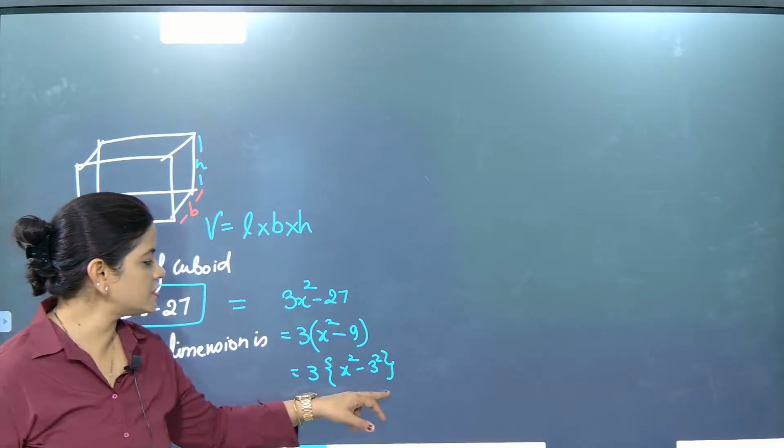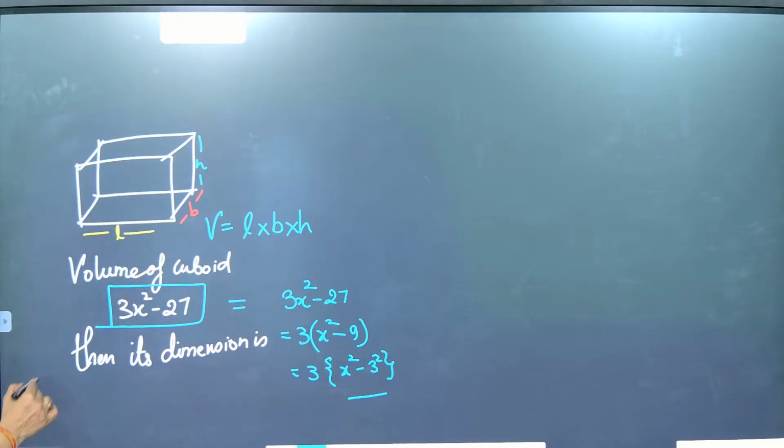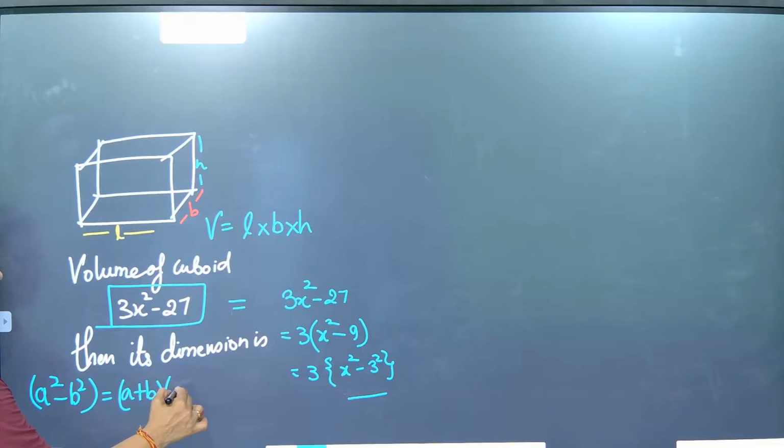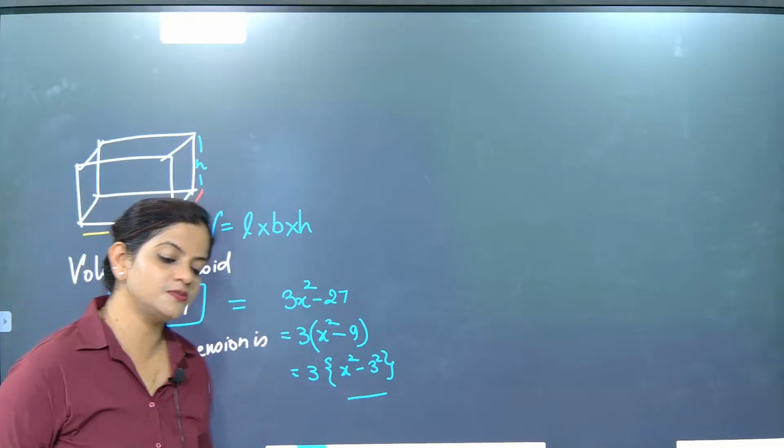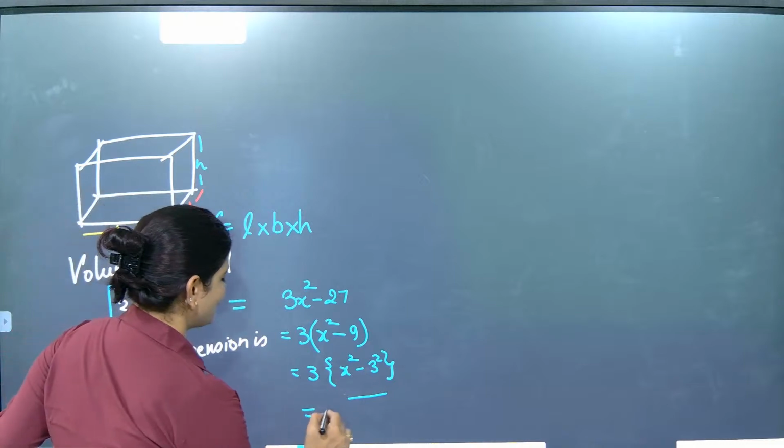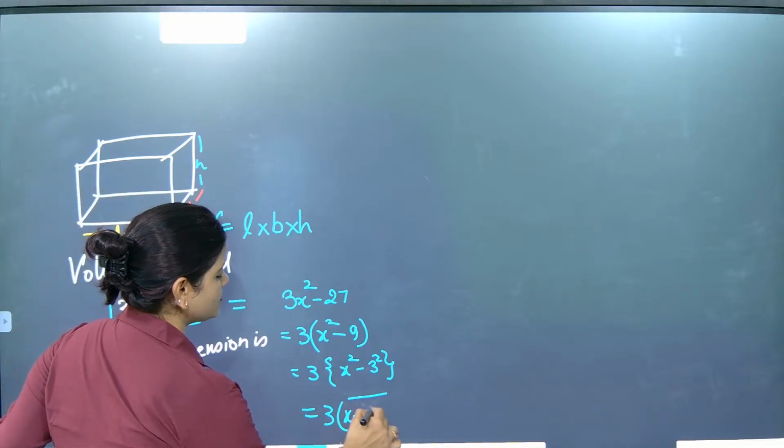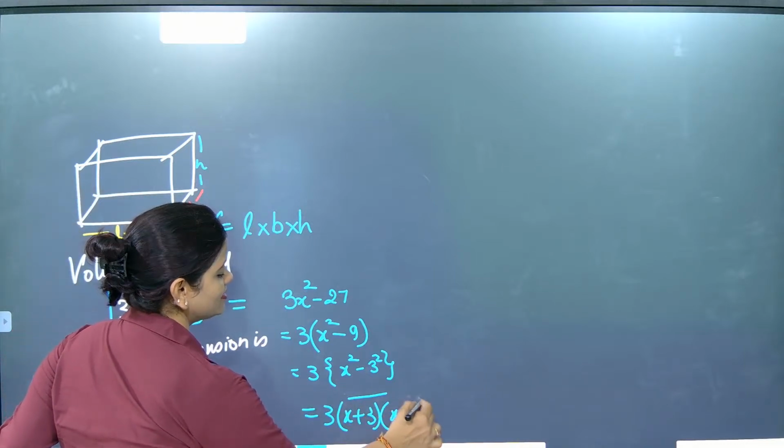Okay, so which formula is it, beta? It is the formula of a square minus b square, which is a plus b, a minus b. Understood? So here it will become x plus 3, x minus 3.